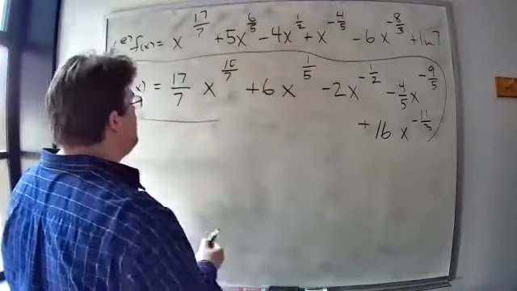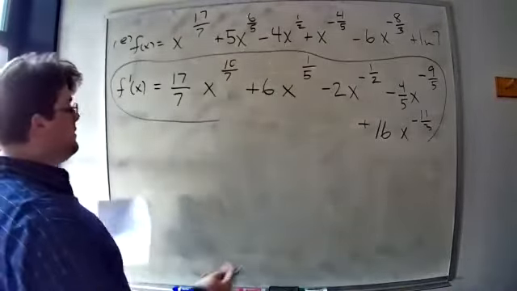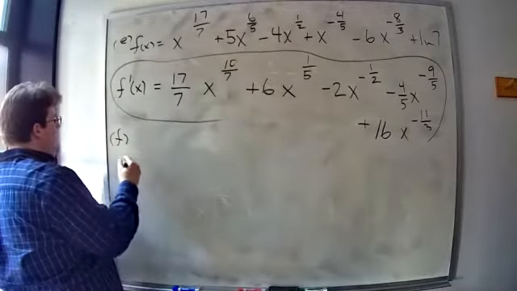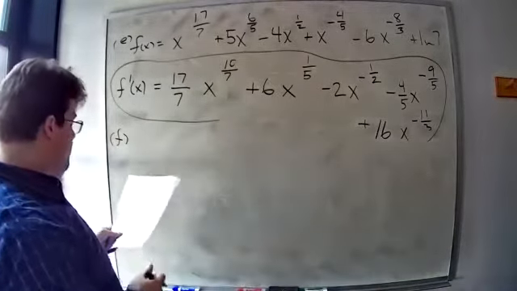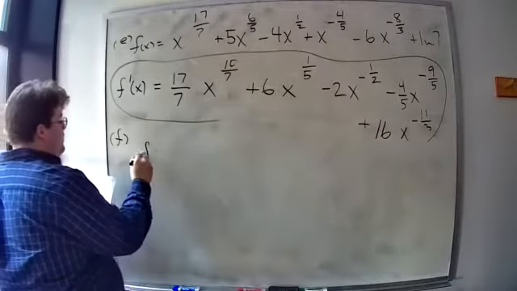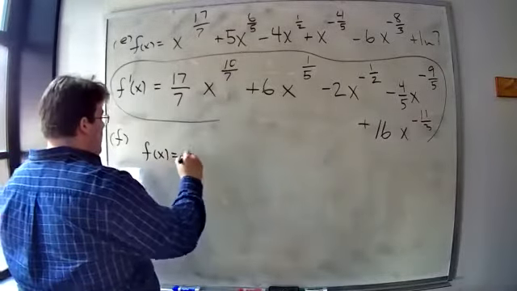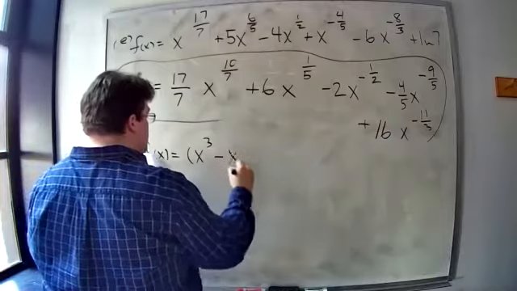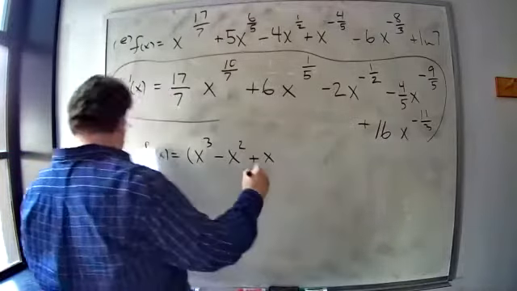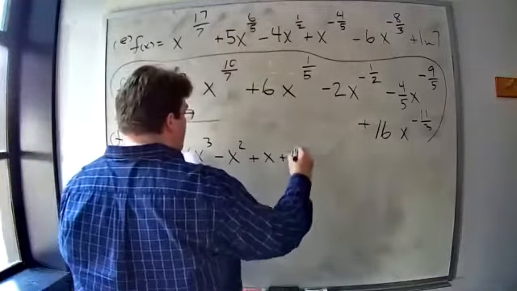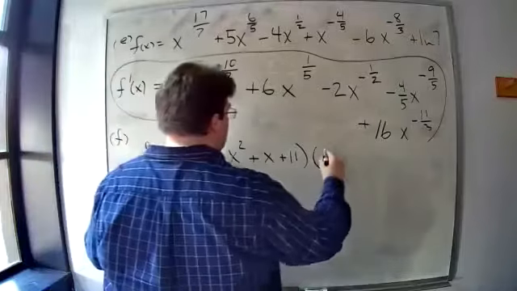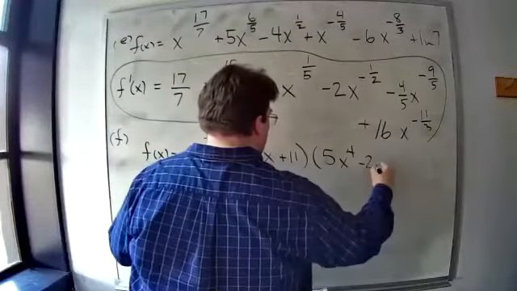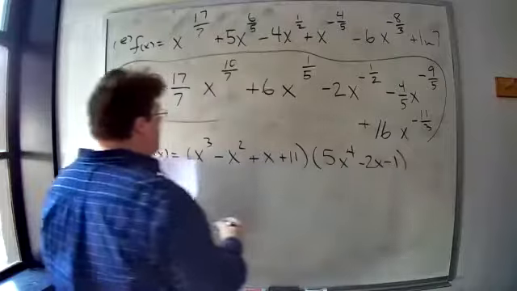So thus far, we've covered 4 of the 6 algebraic derivative rules. Part F covers the 5th of the 6, potentially. f of x equals x cubed minus x squared plus x plus 11 times 5x to the 4 minus 2x minus 1.